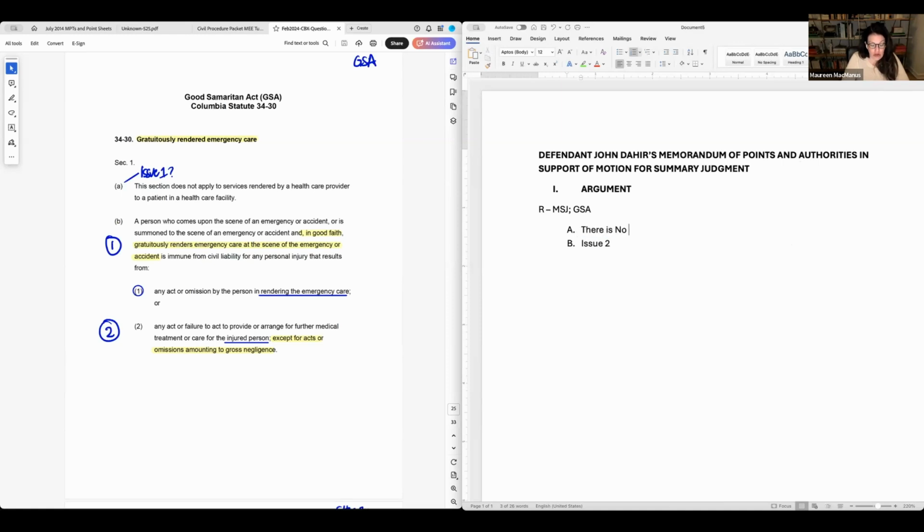So there is no triable issue of material fact regarding whether Mr. DeHere gratuitously rendered emergency care at the scene of an emergency, and he is therefore entitled to judgment as a matter of law.